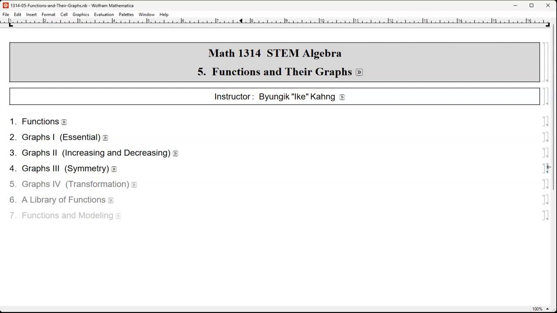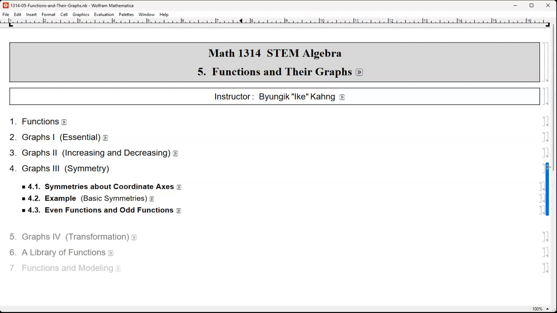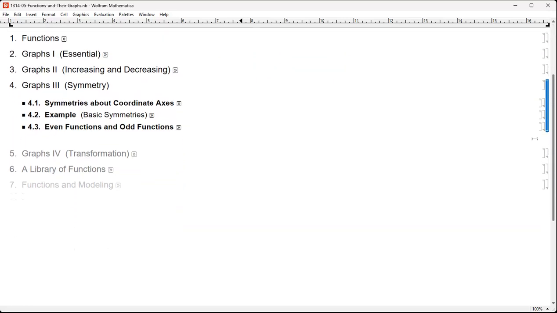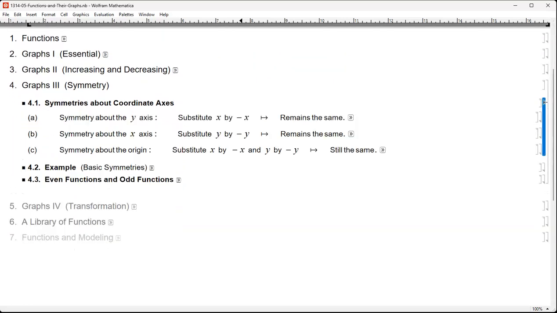In lesson 4 we went through all the essential symmetries associated to graphs of equations. When we have a double variable equation in the two-dimensional plane, we have curves, and by replacing x by negative x or y by negative y or both, we can have symmetries about the y-axis, x-axis, or origin.